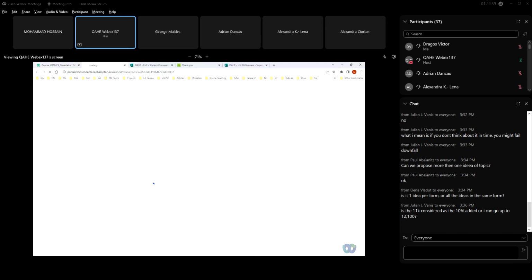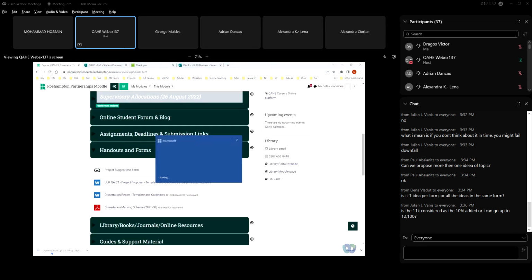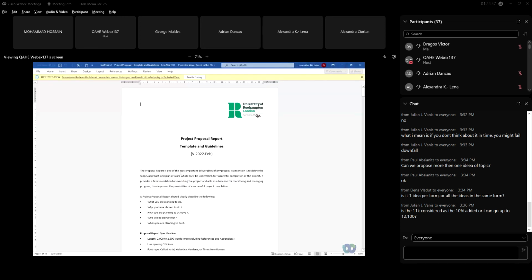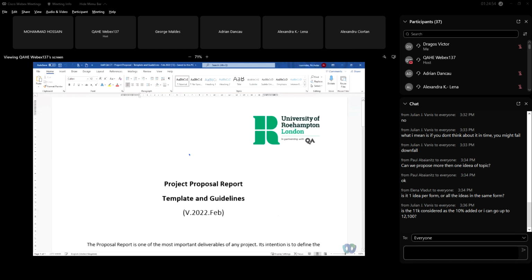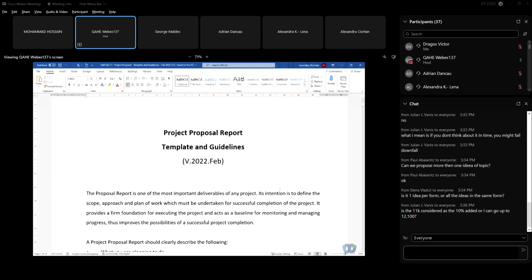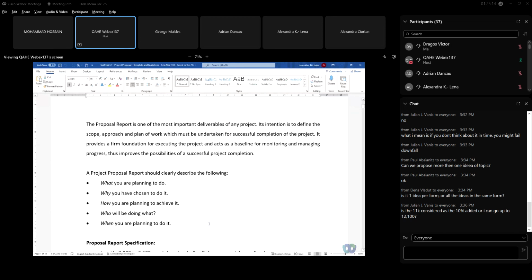So when I click there and I open this up, you will find that the first couple of pages are really an introduction of what the proposal is all about, right? But it's also a template on how you should structure the proposal and provides guidelines on what to put in each section.